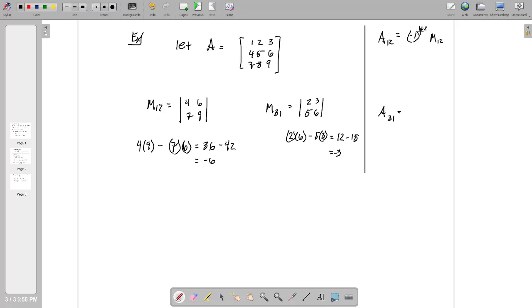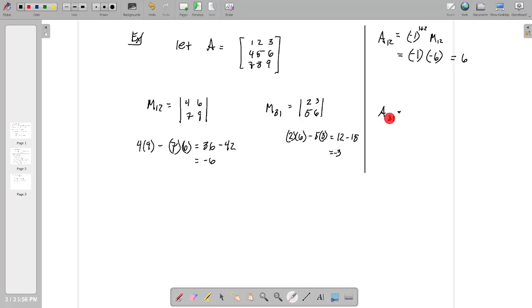Now negative 1 to the 3rd power is negative 1. So we have negative 1 times this minor. Now remember, the minor is negative 6. We already found that. We do a negative times negative 6, and we get 6 as our cofactor.